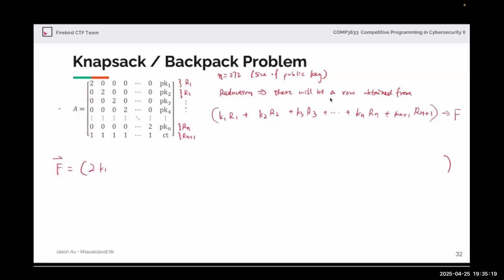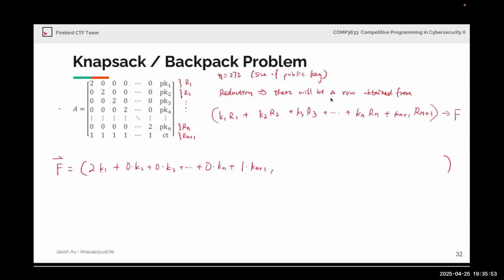So we just plus 0 times K2 plus 0 times K3 plus dot dot dot plus 0 times Kn. And then we continue this process to the last one, which is 1 times Kn plus 1. So this is the first element, or the first column element in this vector F.